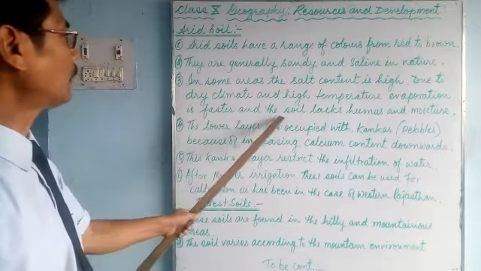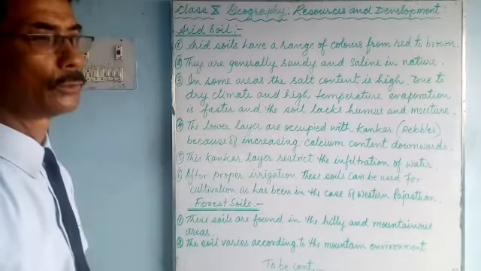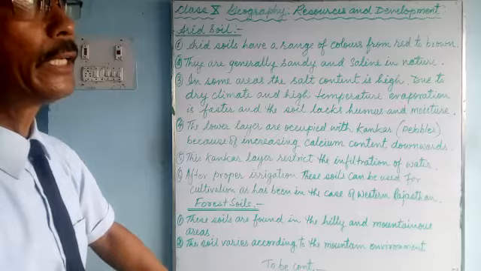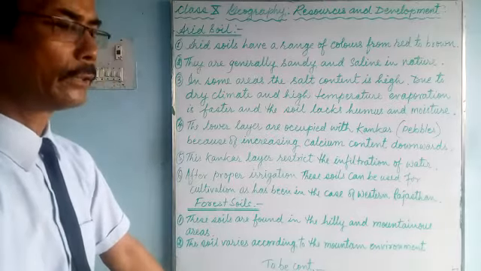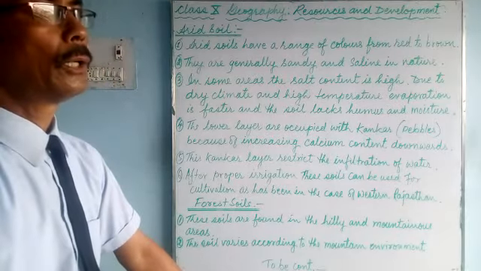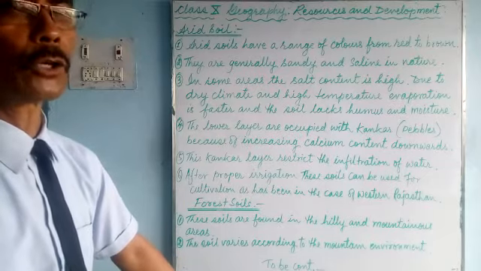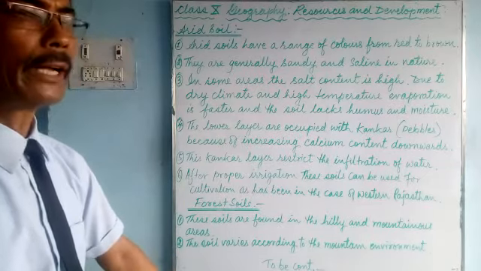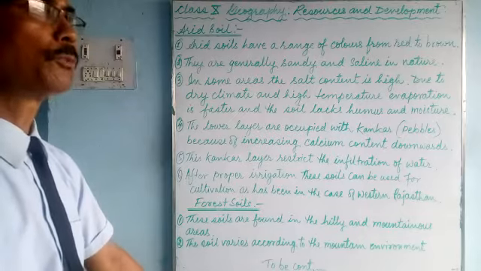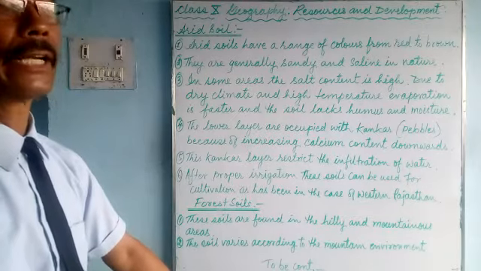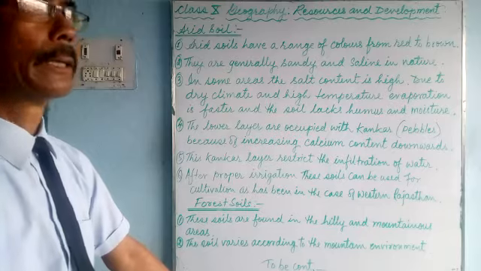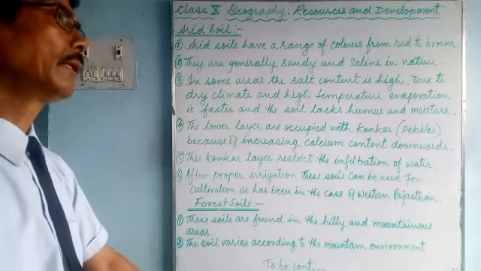The soil lacks humus and moisture. Here in arid regions, since the temperature is high and there is very little rainfall, you will not find a lot of grasses. You will not find humus. Humus is made from the dead and decayed plants and remaining parts of plants and animals.